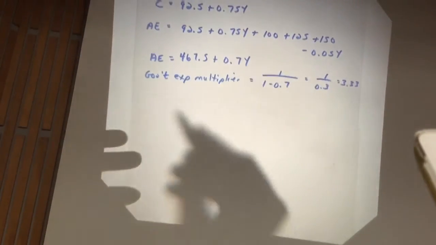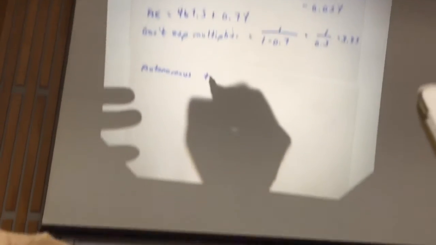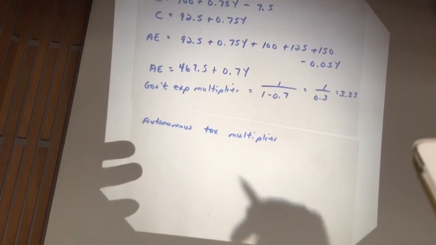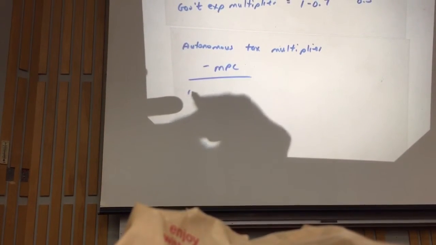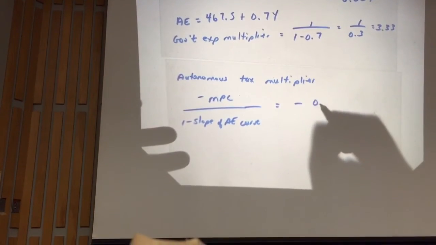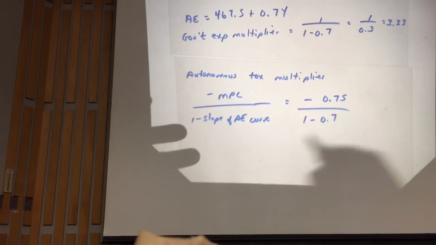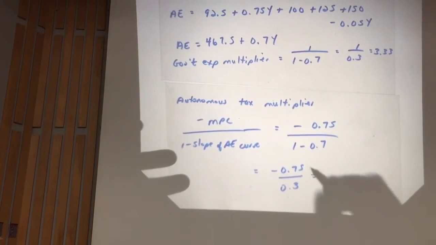And what's my autonomous tax multiplier? The autonomous tax multiplier is negative MPC over 1 minus the slope of the AE curve, which is equal to negative 0.75 over 1 minus 0.7, which is negative 0.75 over 0.3.